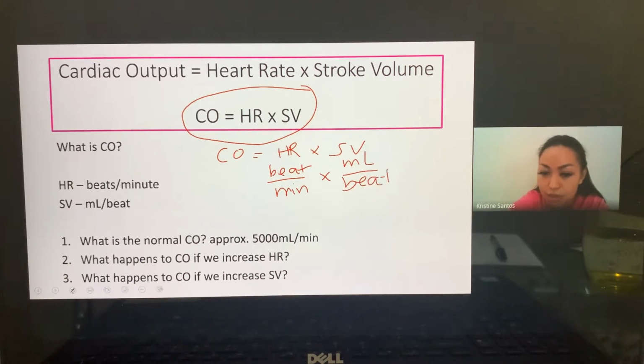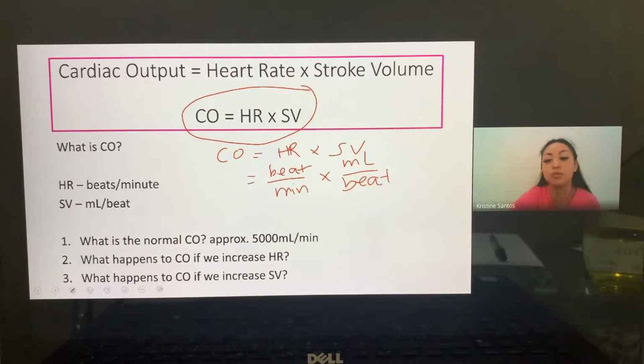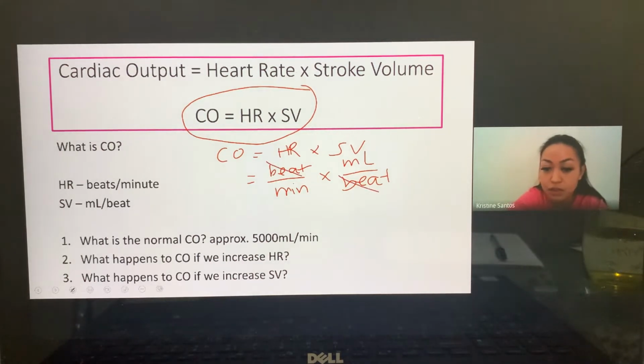So given this equation, can you guys tell me what the unit is for cardiac output? Yeah, correct. It's going to be milliliters per minute, because the beat cancels out. So cardiac output is going to be mils per minute.